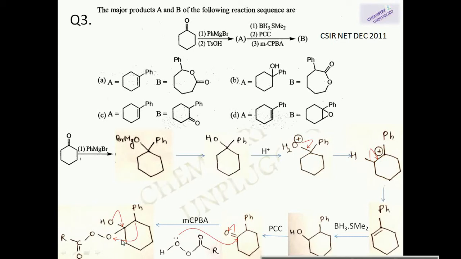We have also discussed it in previous video. So it will attack here, and this RCOO group will be removed from this compound. So we have this lactone here. So B will be this compound. So the correct answer is option A.